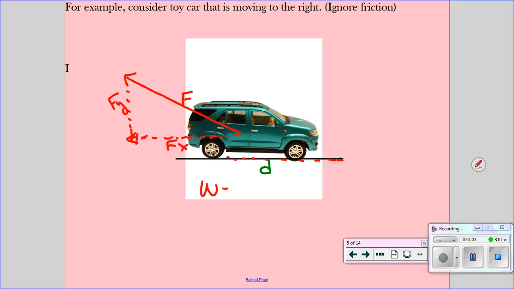So my work is going to be Fx times my displacement, but my Fx component is going to be the cosine, and since I'm going the opposite direction, I'm going to have to make this value negative, and it's going to be multiplied by the distance, so that my final overall work component will be negative. So in this case, the work being done upon the car is going to cause the car to slow down. We're going to get to practice with that next.